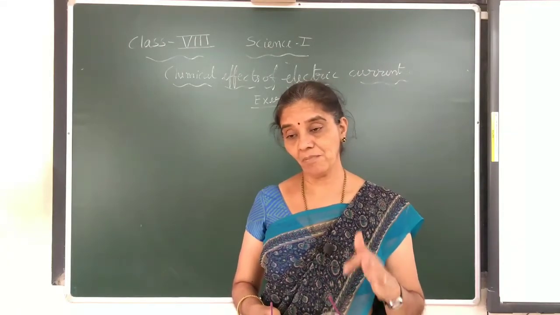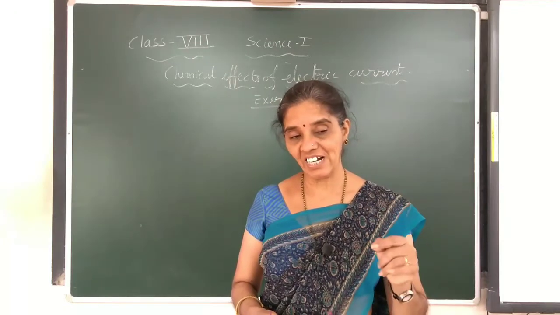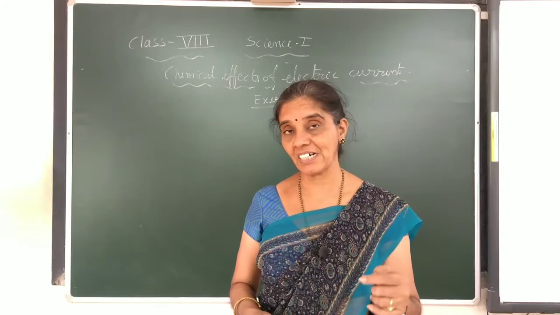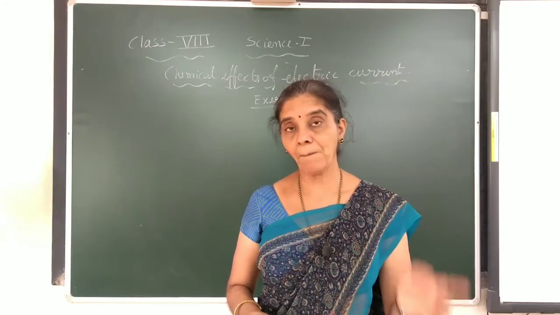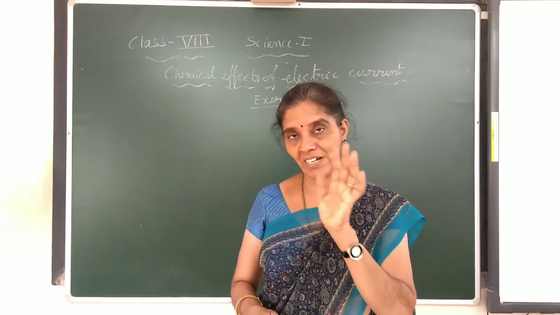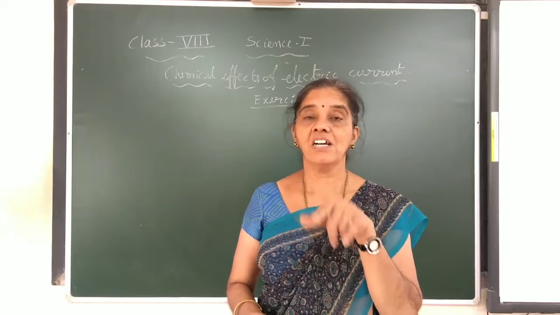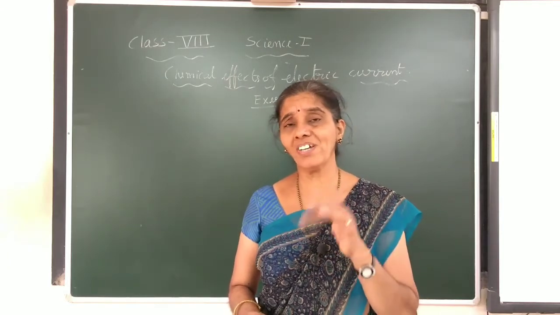So liquid A gives much glow in the bulb. It indicates A is a better conductor of electricity compared to B, because in B the bulb does not give much brightness, so less current is flowing and the bulb glows less.